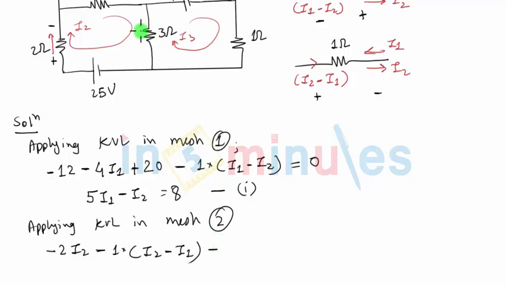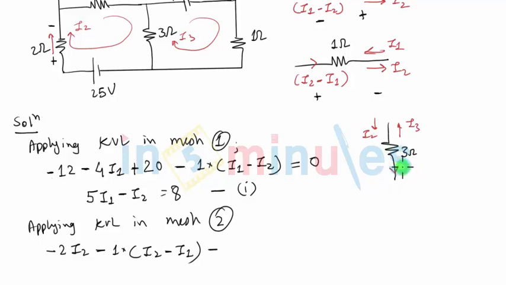Next is resistance 3 ohm, which again has two currents, I2 as well as I3. If I quickly consider this 3 ohm resistance, you can see current I2 is flowing in downward direction through 3 ohm like this, and current I3 is flowing in upward direction like this. So the equivalent current I will consider having the same direction as I2. So let us say the equivalent current is flowing in downward direction.